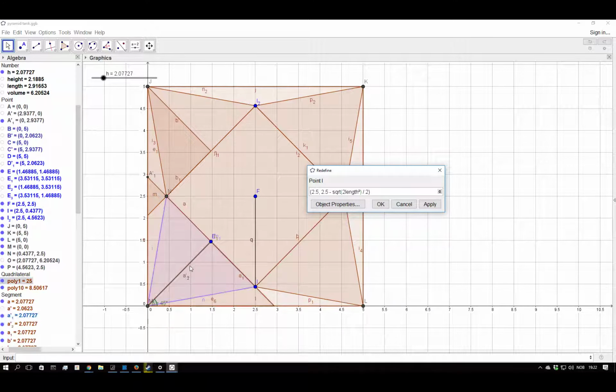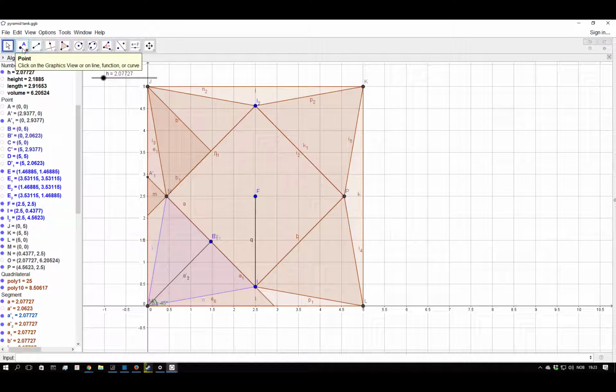The length squared would be a kind of a square, of course, and then we have 2 of them, all over 2. So the square root of the 2 lengths. This is the base length, yeah? So this is this whole length here. Well, no, it's this length here.